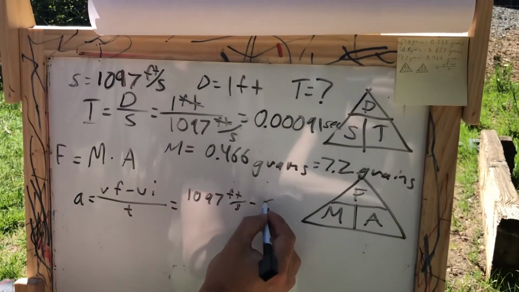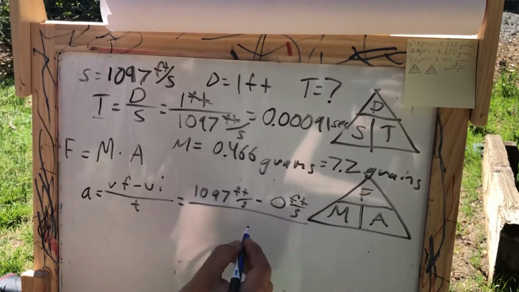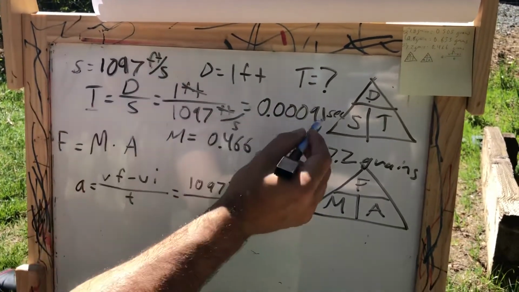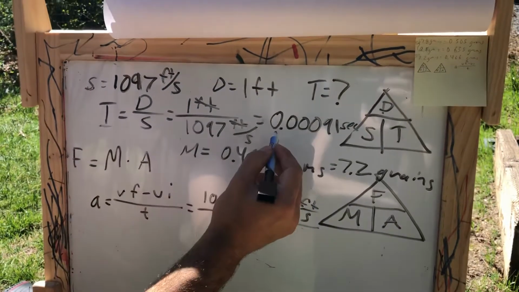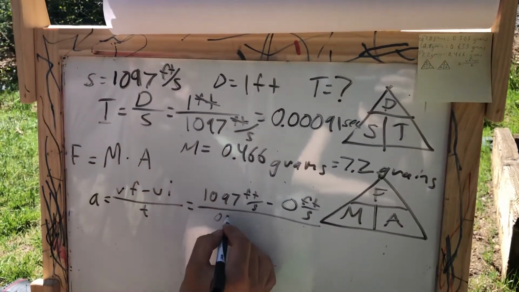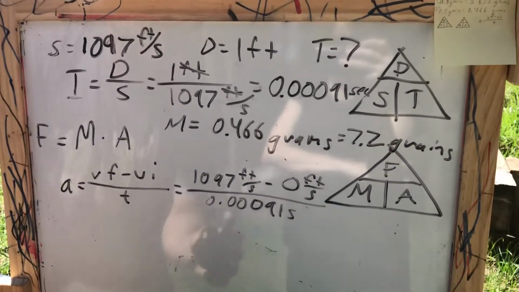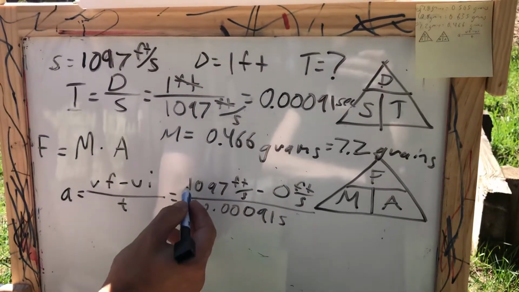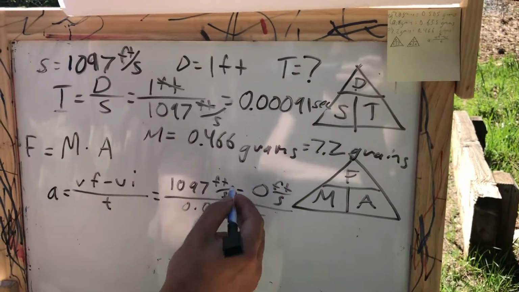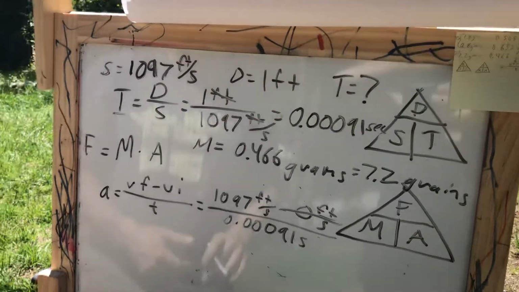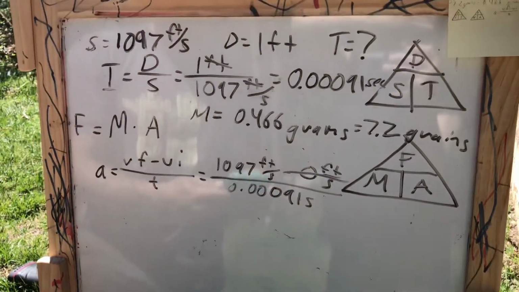It wasn't moving, it was stuck at the end of the barrel at 0 feet per second, divided by my time, which I already solved for at the beginning. T is equal to D divided by S, and I got 0.00091 seconds. So 1,097 feet per second minus 0 is just going to be 1,097 feet per second.